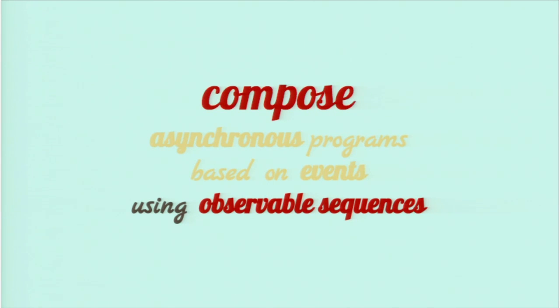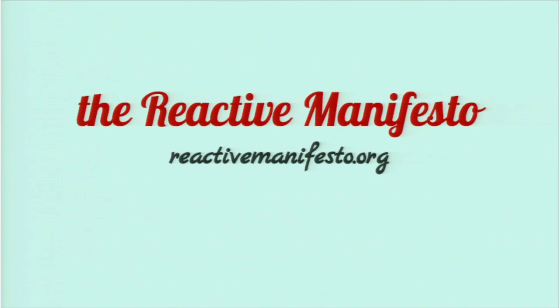Interesting reads. There are a lot of manifestos, but there is the Reactive manifesto, which is an interesting one, which exposes a way to architect your applications so that they are more resilient to failure, that they are more efficient with the data they process.